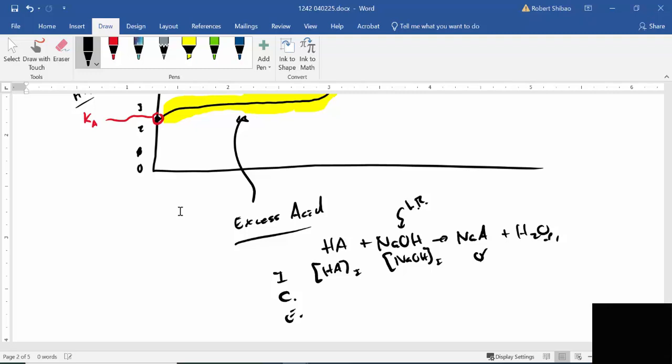Let me talk about this. There's a rule which we're going to follow. And the rule is strong, react to completion.